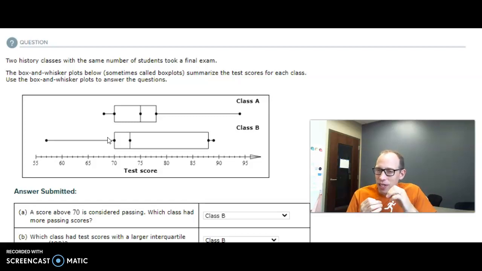Now, if you wanted to be really picky, just as an aside here, if there was a response for not enough info given, I would also accept that as correct. They're using a real basic interpretation here of first quartile.